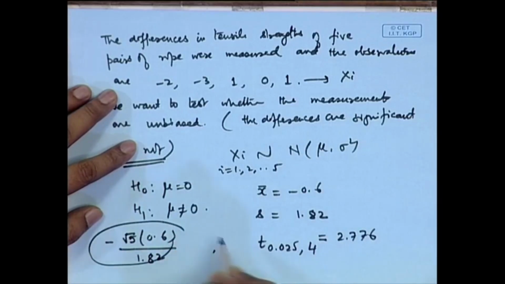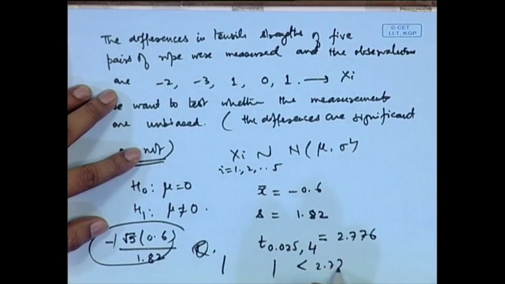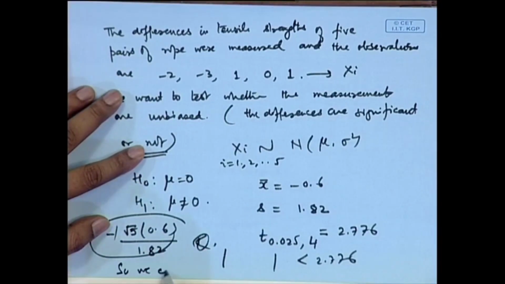Easily you can see that this value is less than this. Sorry, if I am taking absolute value of this, it is less than 2.776. So, we cannot reject H naught.